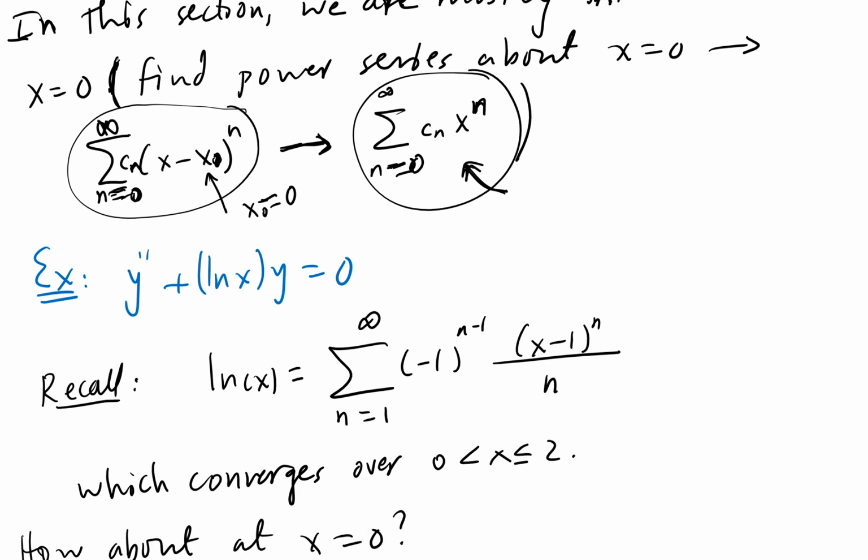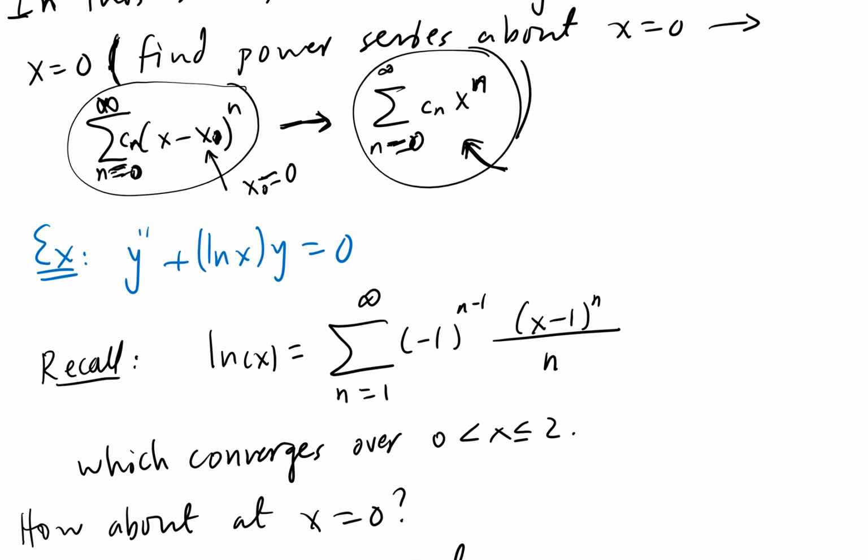This one converges for all x from a little bit above 0 to exactly 2. So the question is, what happened at x equals 0?